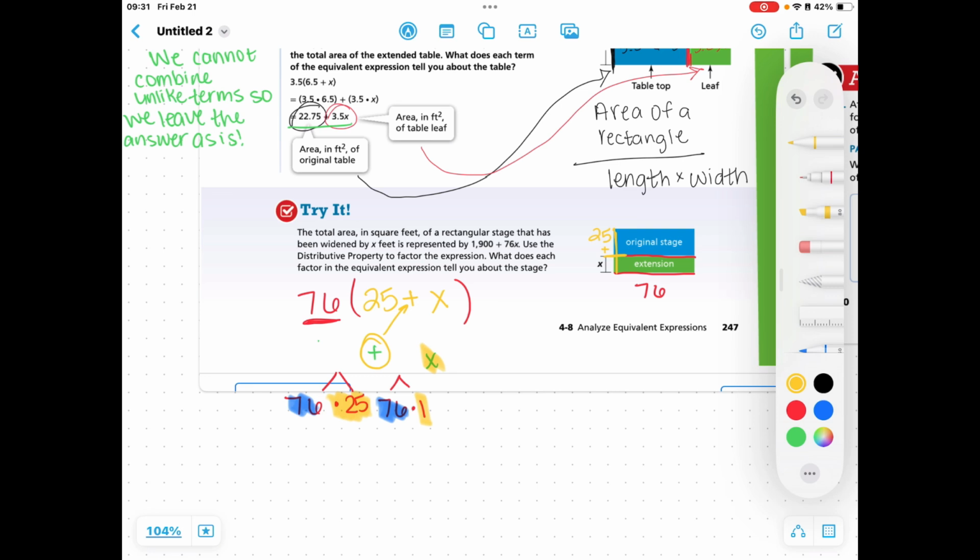So we can say, what does each factor of the equivalent expression tell you about the stage?